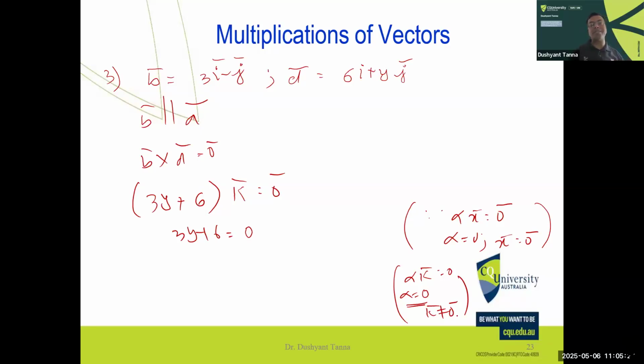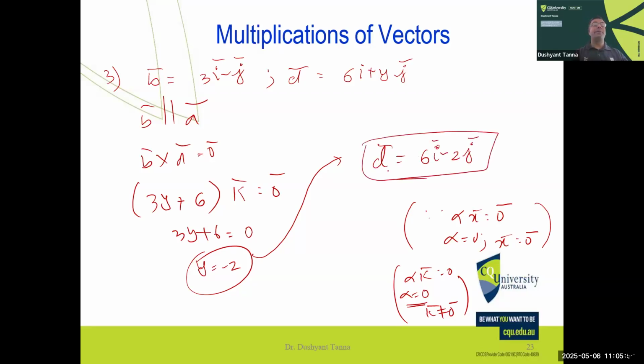So that's not a 0 vector, meaning not the origin, right? So it means the multiple, the scalar up front, is 0. So that means y is equal to minus 2. Don't forget to write the final answer, that vector D, which was 6i minus 2j. That's the vector D.